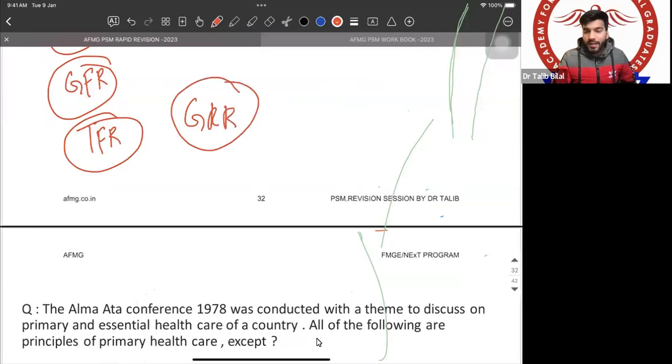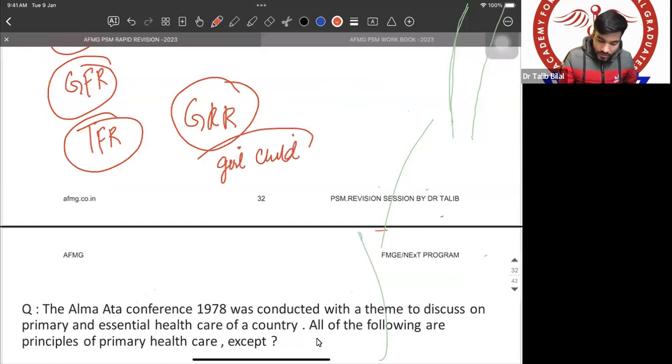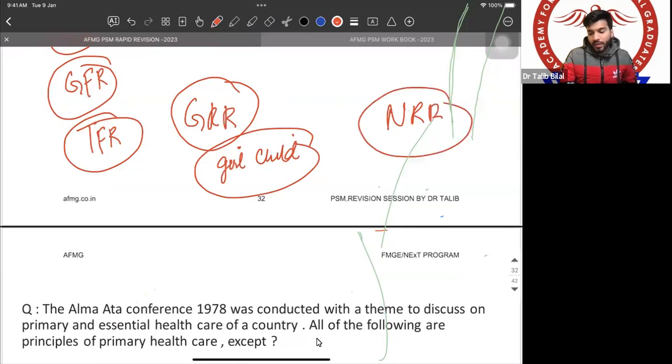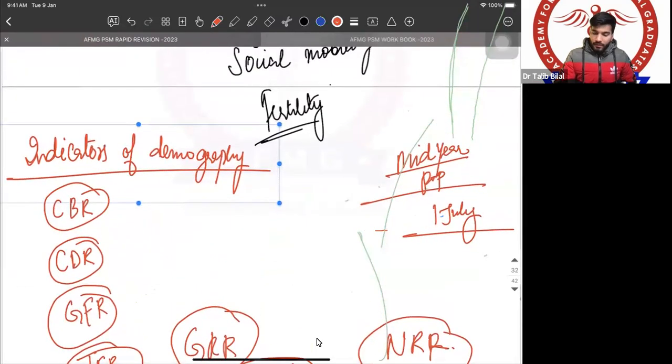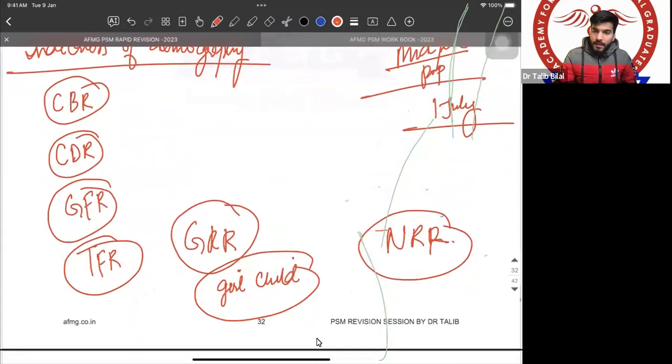In gross reproduction rate, it's the girl child: G for gross, G for girl child. And the last one, NRR, net reproduction rate. Go through these formulas, they're all important. Go find these formulas for the indicators of demography, already mentioned in the workbook. Can we go ahead?